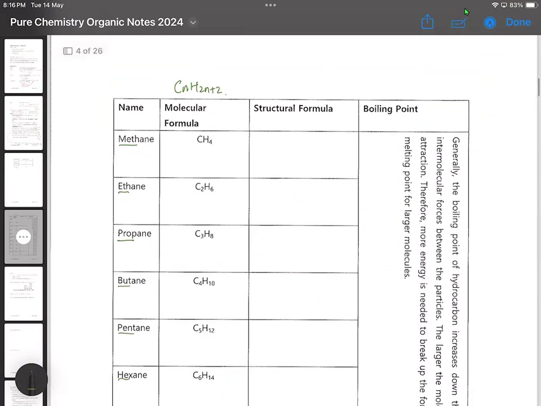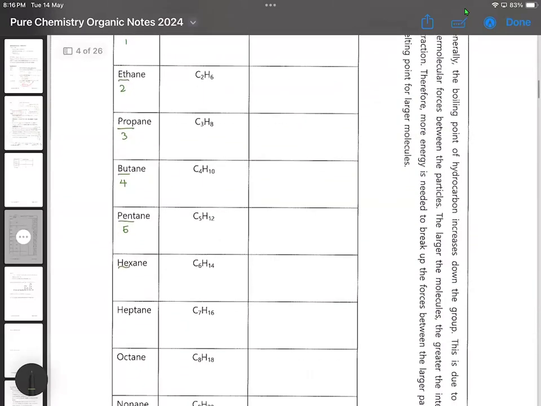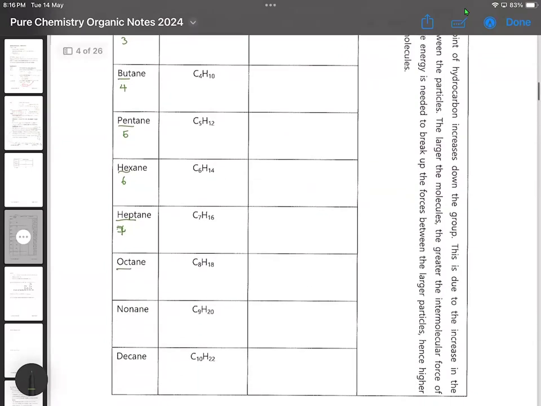These prefixes tell you the number of carbon atoms that is present. When you have meth, you have 1. That's why methane is CH4. There's only 1 carbon. Then there's 2, 3, 4, 5. This is 6. We have 7. And then the last 3, we have 8, 9, and 10.